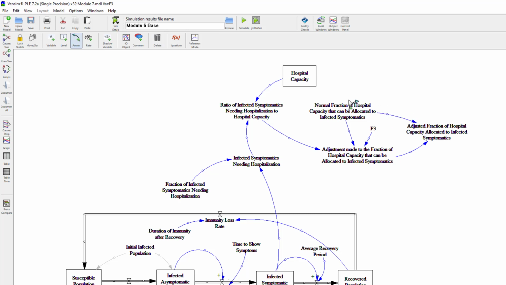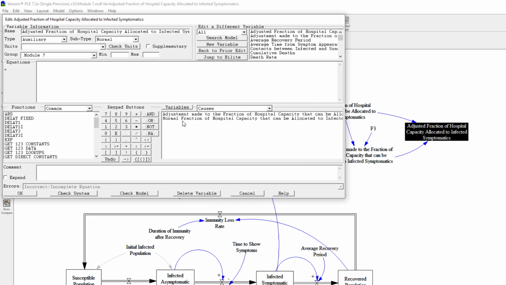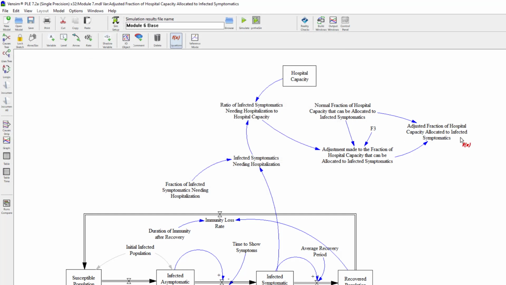Okay, so it's gonna be normal fraction multiplied by adjustment made. Still the unit's gonna be dimensionless. Okay, so now this is the adjusted fraction.